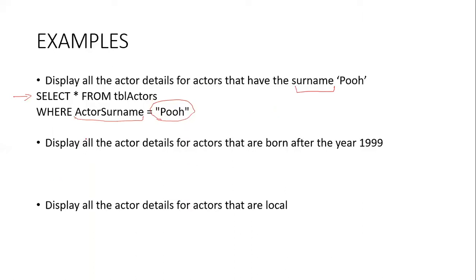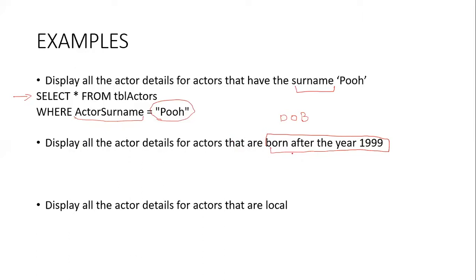Pooh. In the next example, display all the actor details that were born after the year 1999. So immediately the field that we are querying is the date of birth. So we want the actor details that were born, who were born after 1999.